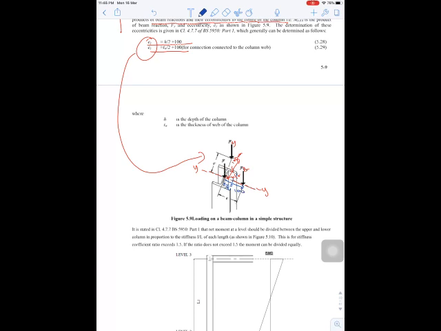So this is Mz,Ed equals tw over 2 plus 100, whereas this one here, My,Ed equals h over 2 plus 100.